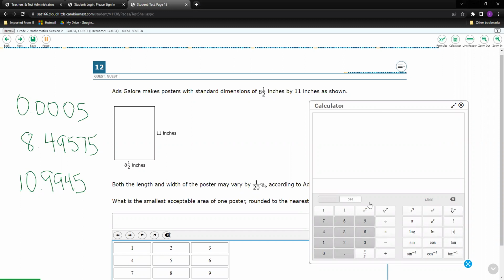So I'm going to type that exactly as it says, 8.49575 times 10.9945. And that's my answer. So I have to round to the nearest thousandth or 3 decimal places.